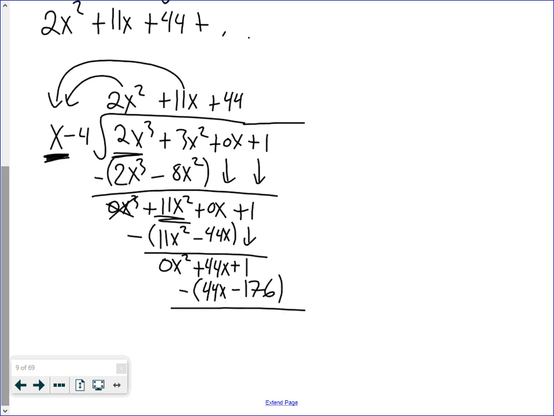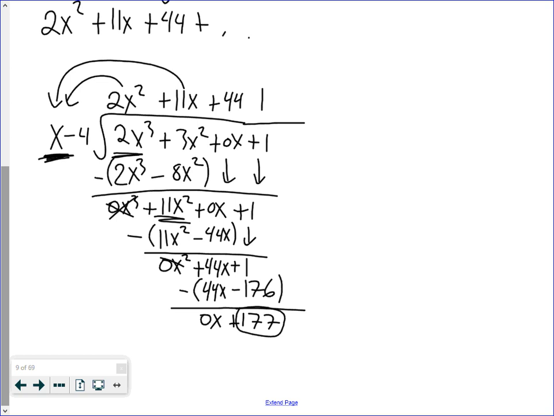Subtract the first polynomial with the second one, the 0x squared goes away. 44x minus 44x is 0x. And 1 minus negative 176 is a positive 177. All right, and now we can stop here since there's no number I can multiply with x in the 177. So I stop here, and that 177 is my remainder.